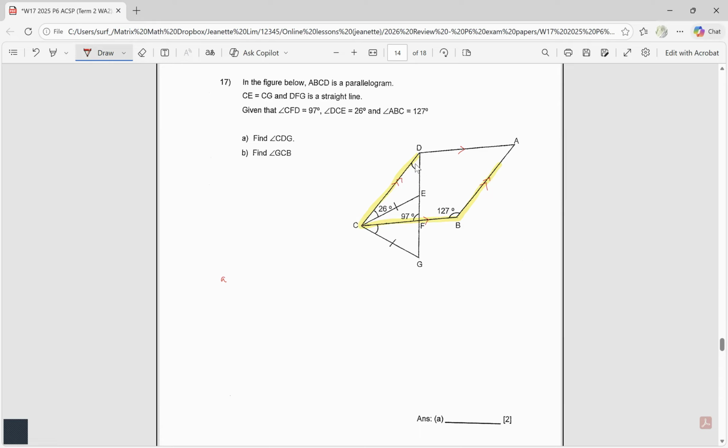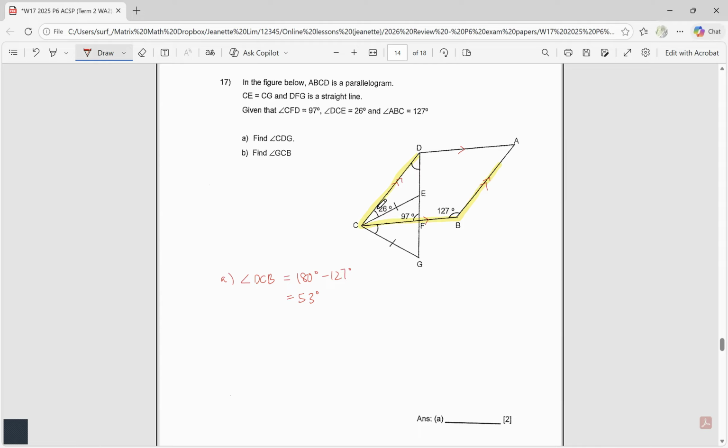So for A, using your interior angles, I'll find DCB, which is 180 minus 127. They add up to 180. So this is 53. Okay, the angles between two parallel lines, they add up to 180. So 180 minus 127, they give you 53 here.